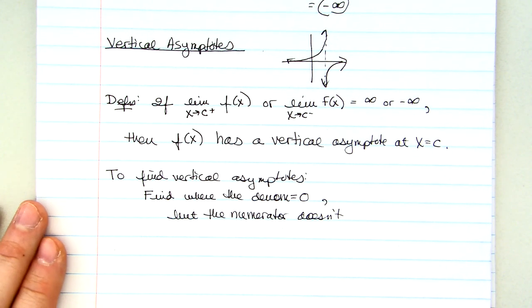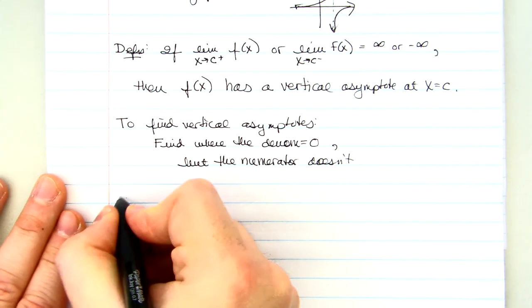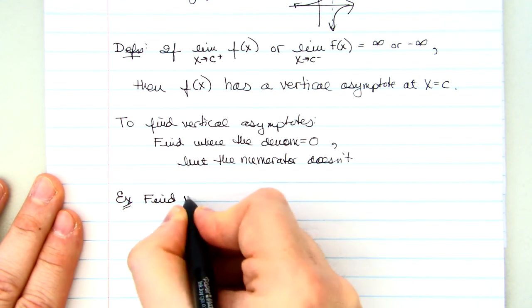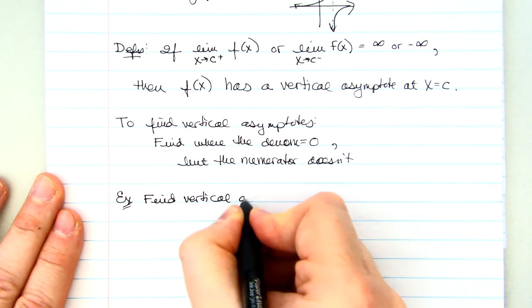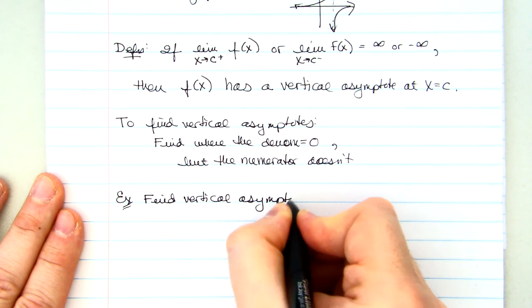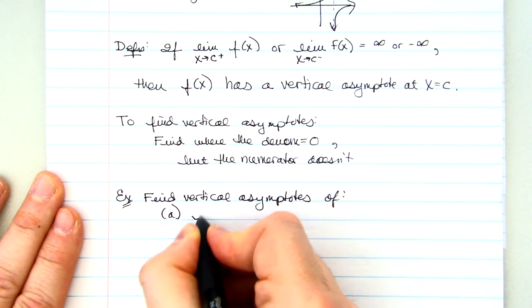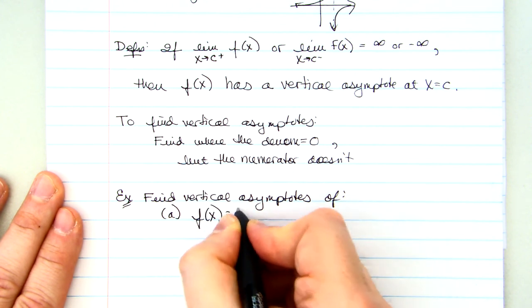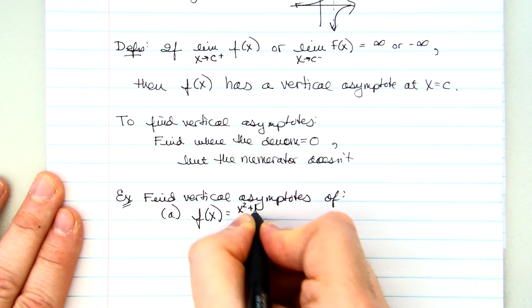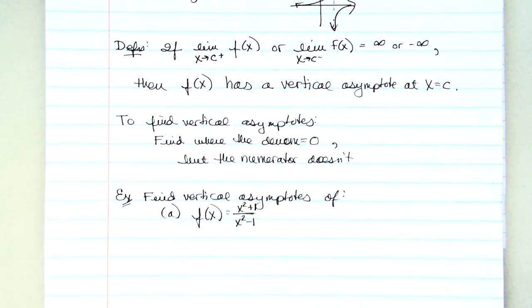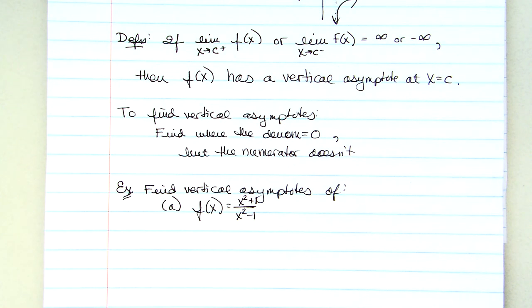We're going to take a look at 3 problems. We're going to find vertical asymptotes, and that should do it. So, first example, we are going to find the vertical asymptotes of letter A. Let's deal with the function f of x equals x squared plus 1 over x squared minus 1.